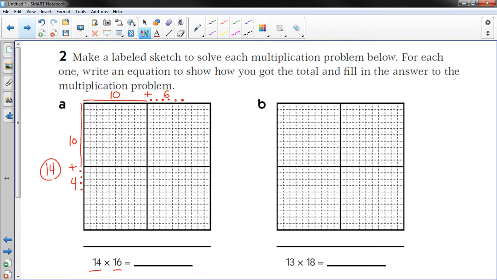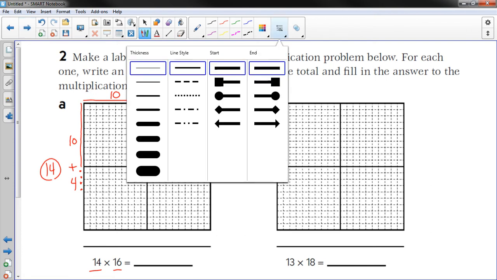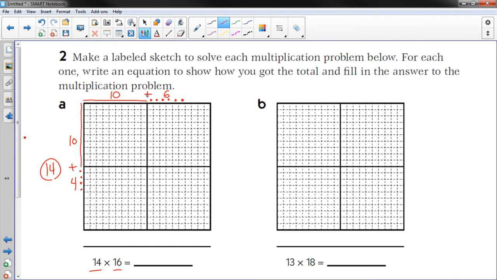And now I just have to solve the problem. So 10 times 10, that's 100. Down below, 4 times 10, that's 40. Up in the upper right-hand corner, 10 times 6, that's 60.